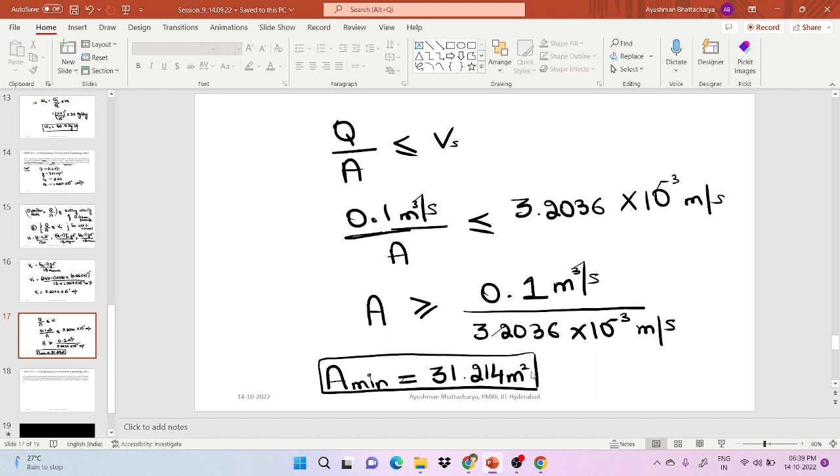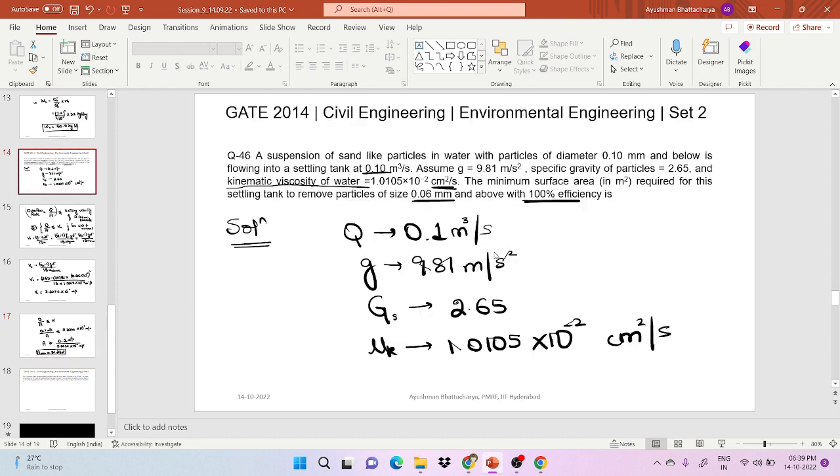This will be the final answer. So again, I will summarize this. They have given the basic details: the flow rate, the specific gravity of the particle, and the kinematic viscosity of the water. They are asking what will be the minimum surface area required for the settling tank to remove particles of this size and above with 100% efficiency.